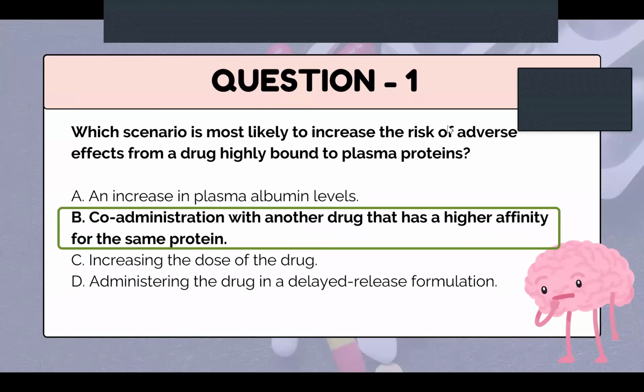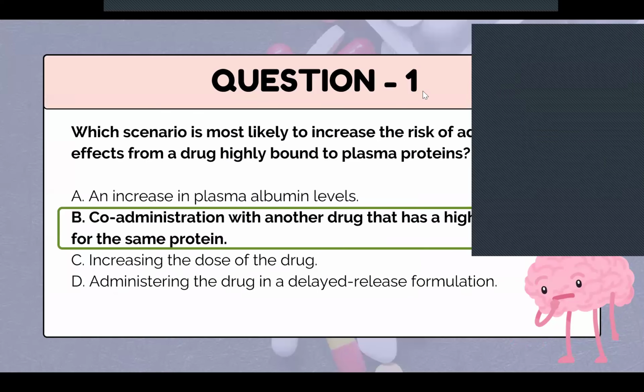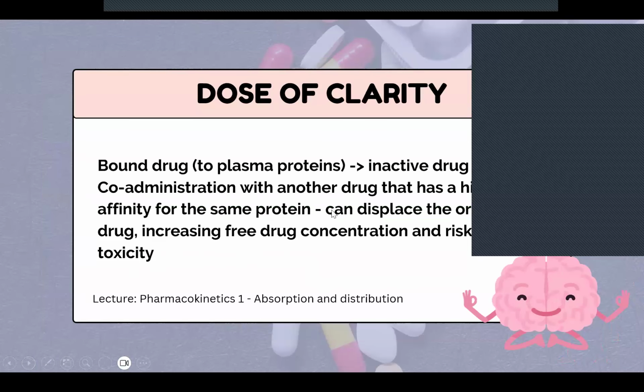Okay, so the answer is B, which is co-administration with another drug that has higher affinity for the same protein. Now, why is the answer B? I guess because then it will start competing for binding to the same protein, right?